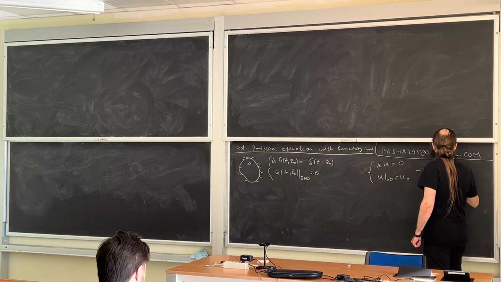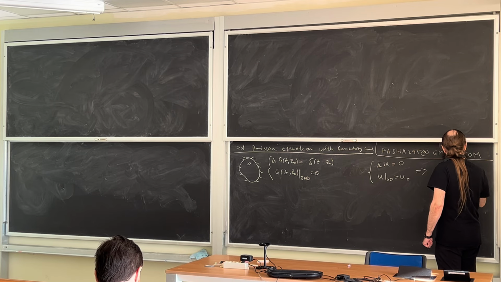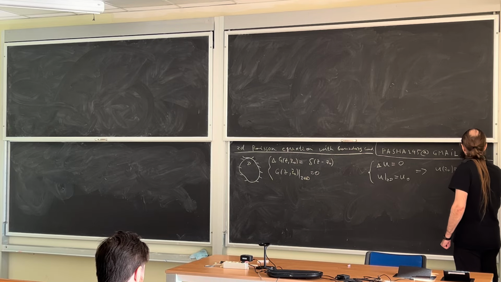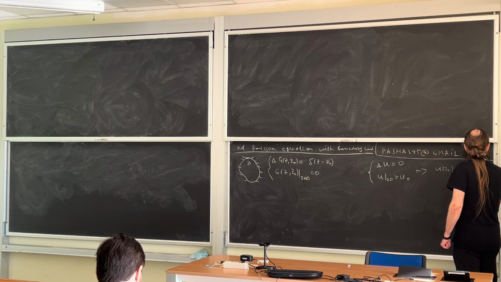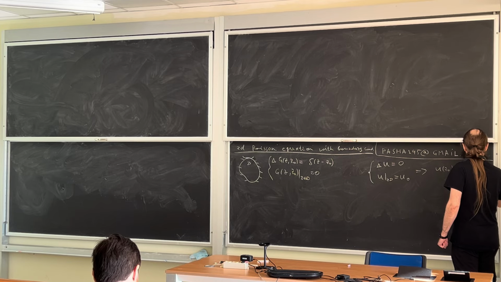U of z0 is the integral over the boundary of the normal derivative of the gradient of G of z, z0 times u0 of z.